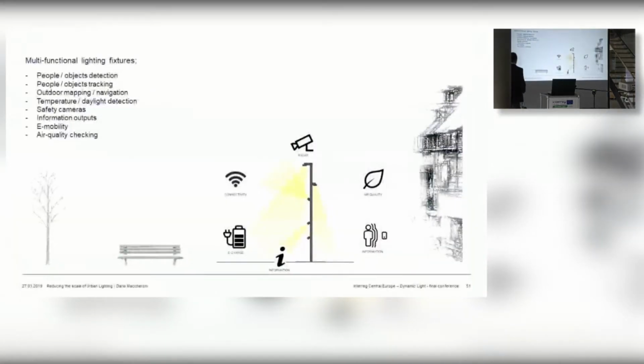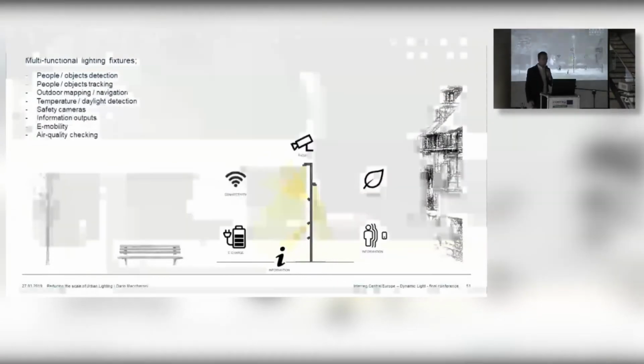Of course, we can also talk about multifunctional lighting fixtures, implementing these columns with other devices that don't have anything to do with lighting. But what I believe is interesting is to have multifunctional luminaires that can provide more than one function of lighting, not only different devices, but different functions out of the luminaires.